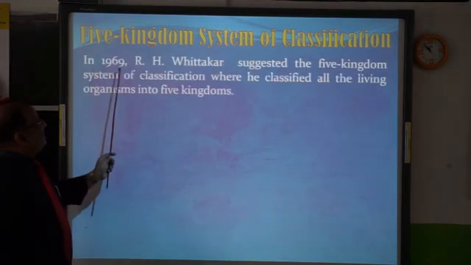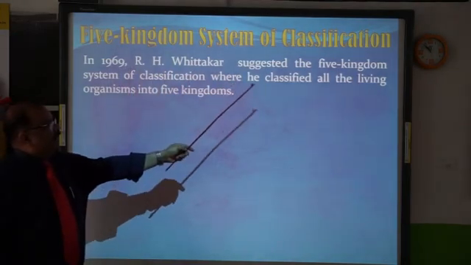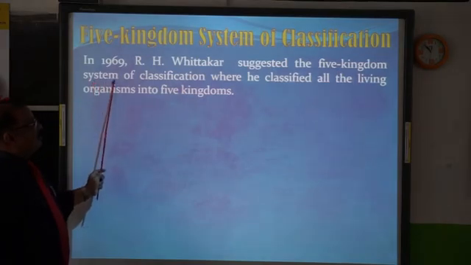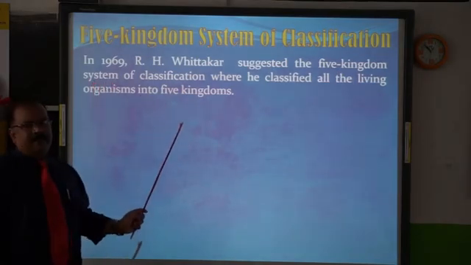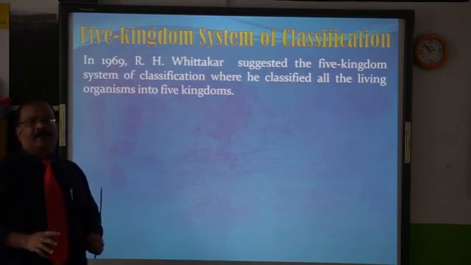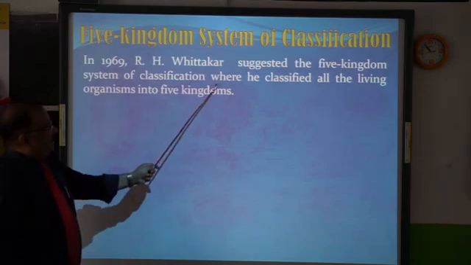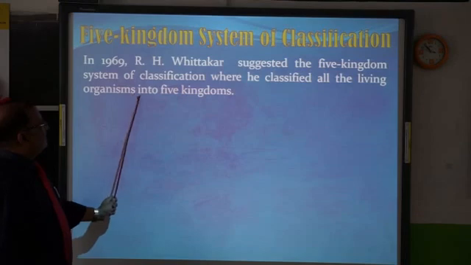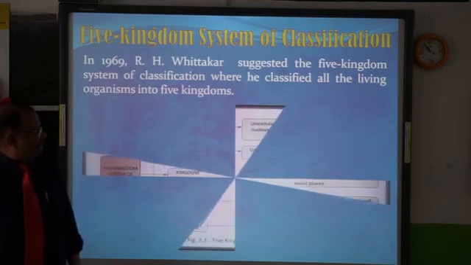It was in 1969, R.H. Whittaker who suggested the 5 kingdom system of classification. He grouped all the living organisms into 5 kingdoms. And what are these? Let us see.